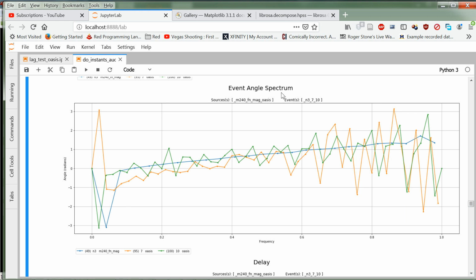It's called an event angle spectrum. And what it does is it takes the muzzle blast time and presumes that each time is a sinusoidal event. And then the question it asks is, for the next event, how close is it to the same time?